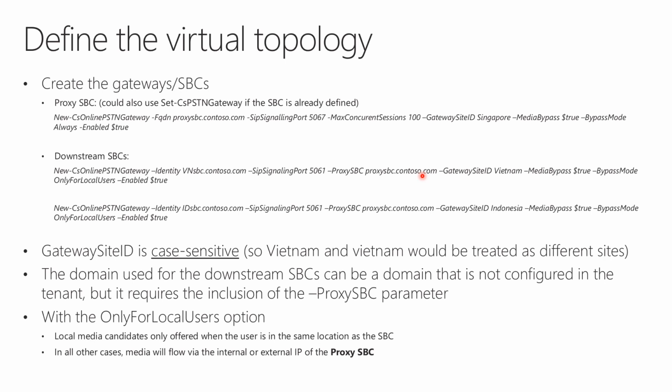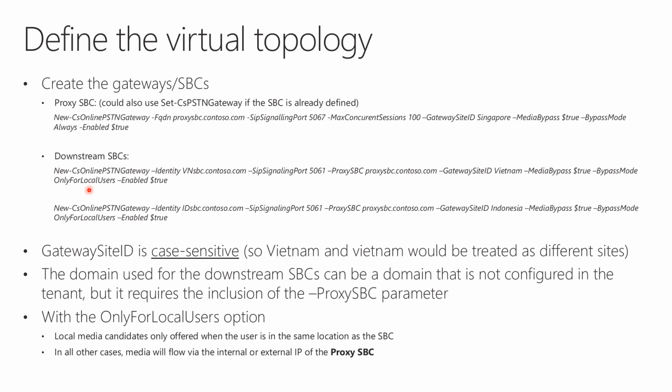This lets us know that this is a virtual definition of a gateway. I'm not going to try to talk to him directly, but if I need to talk to him, I talk to him through this proxy SBC. Gateway site ID, again, case sensitive. Media bypass has to be true. Bypass mode, well, in this case, I've chosen only for local users because I don't have great connectivity between Vietnam and Indonesia.